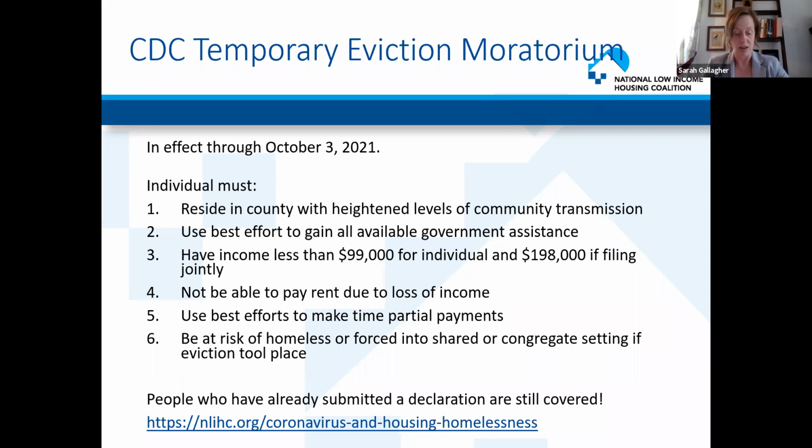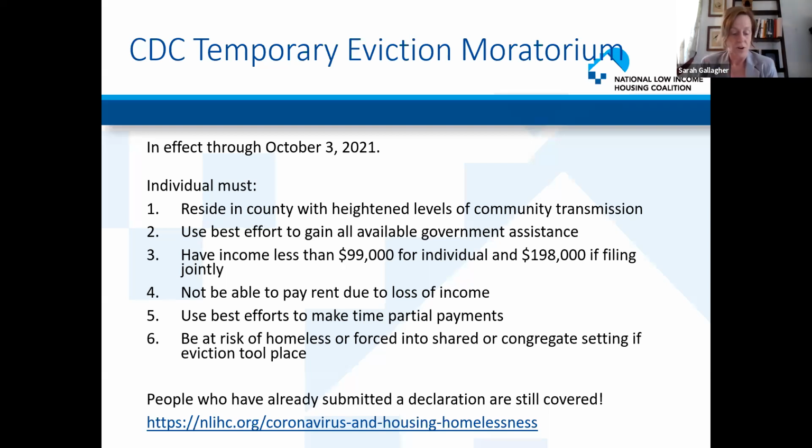The order is a response to the recent and unexpected developments in the trajectory of COVID-19, particularly the rise of the Delta variant. It's really intended to target specific areas of the country where cases are rapidly increasing. If there were evictions, the pandemic would be exacerbated in those communities.